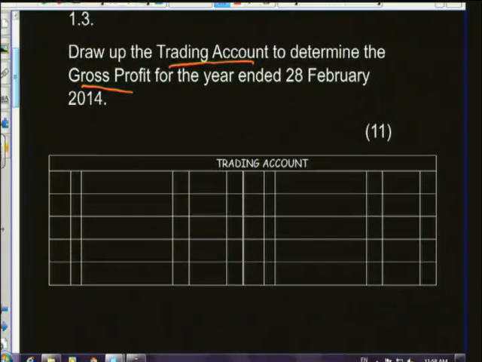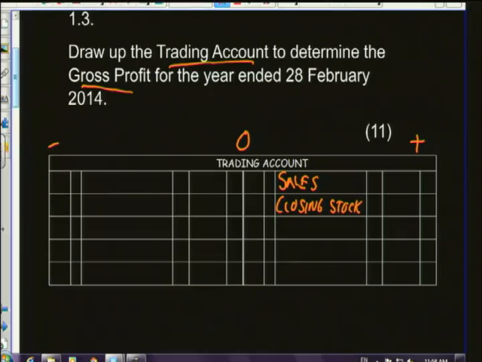Now remember guys, your trading account is a final account, and I'm going to quickly remind you, it is owner's equity, minus on the debit side, plus on the credit side. What gets closed off to the credit side of this account? Absolutely correct. We're going to close off sales as well as our closing stock.